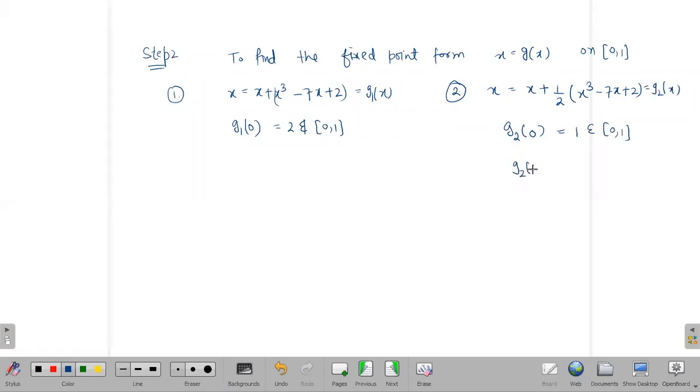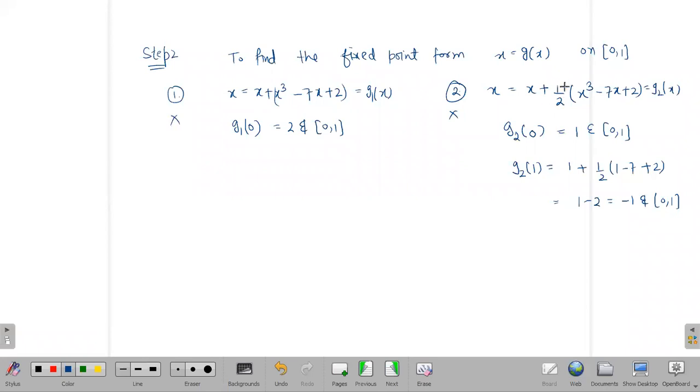And if I take g2 at 1, it will be 1 plus 1 by 2 into 1 minus 7 plus 2. So it will be 1 plus 1 by 2 minus 7 by 2, that is 3 minus 1 minus 2. So we are getting minus 1, which does not belong to 0, 1. So again, you cannot take these two.